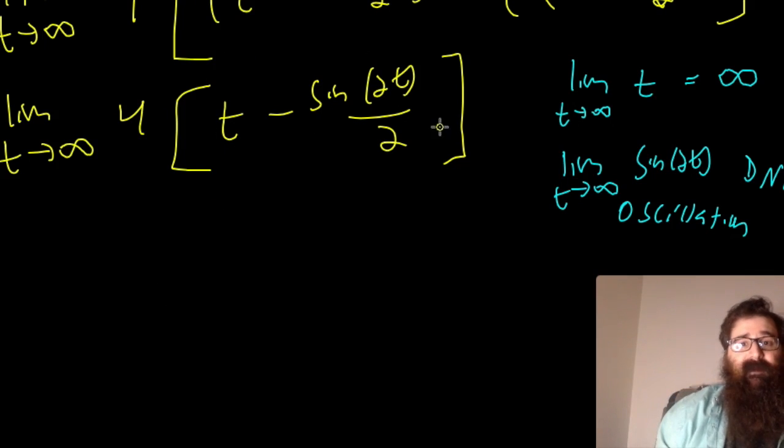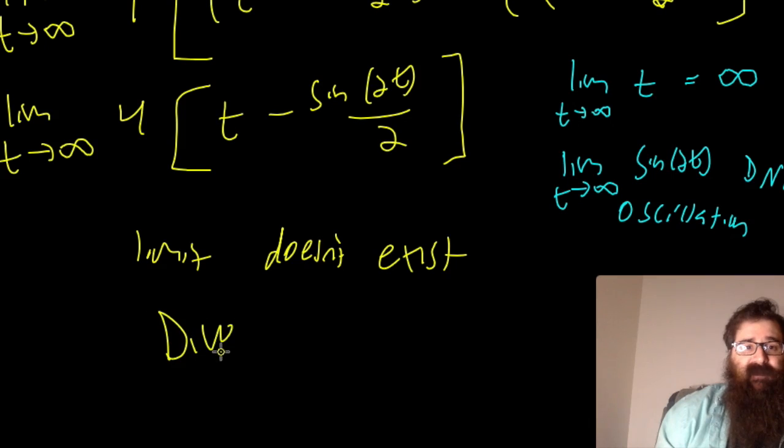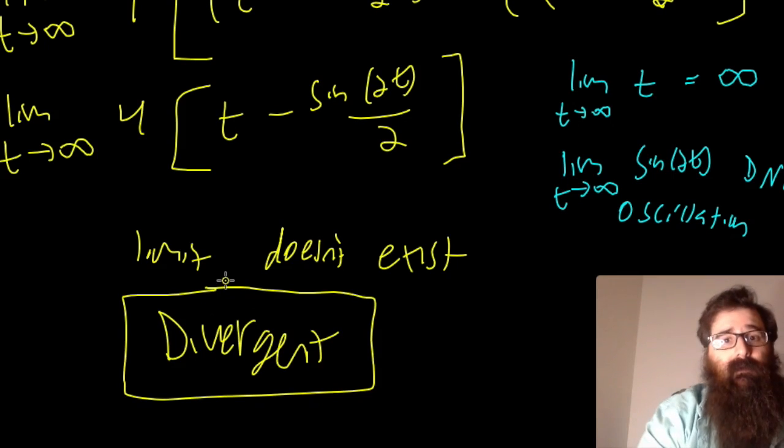Here we have infinity minus something that oscillates. So we would say, okay, so then limit doesn't exist, and this means that what we have is divergent. So here we have a divergent improper integral.